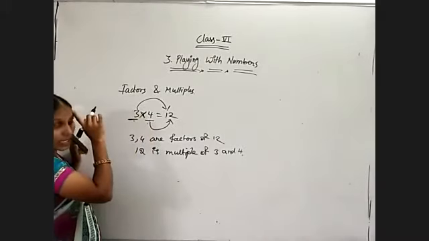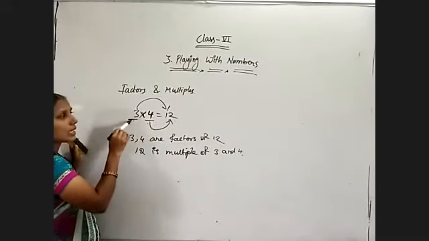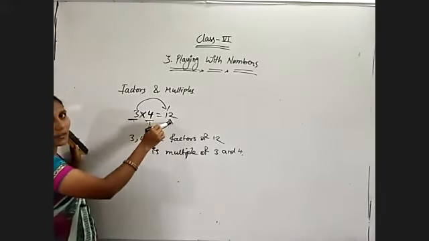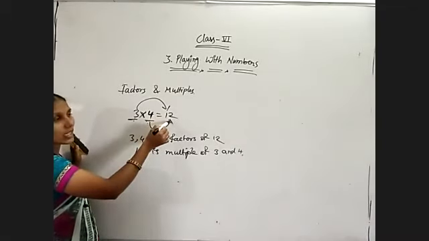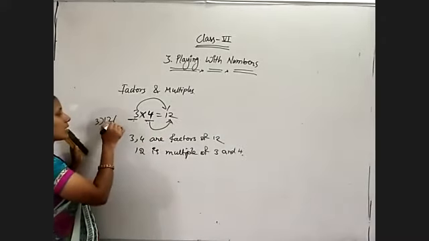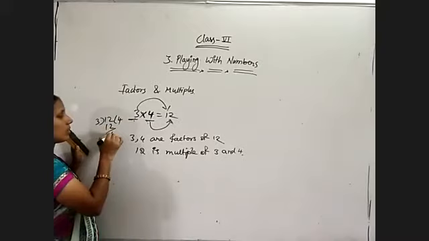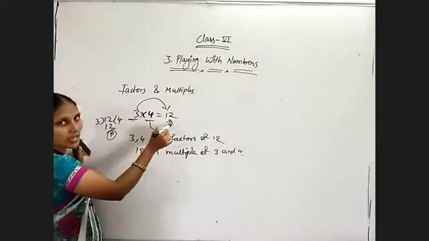Okay, and next, 3 and 4 are the factors of 12. I am telling why, because 3 divides 12 exactly. A factor is nothing but a divisor. So 12 divided by 3 is equal to 4, since 3 fours are 12. 3 divides 12 exactly. 4 also divides 12 exactly.